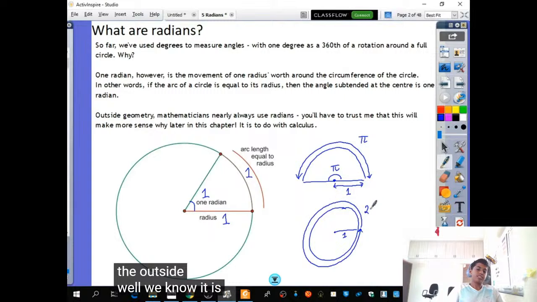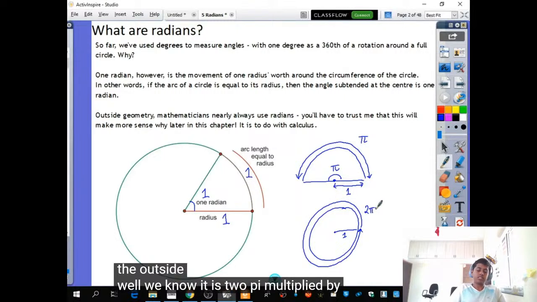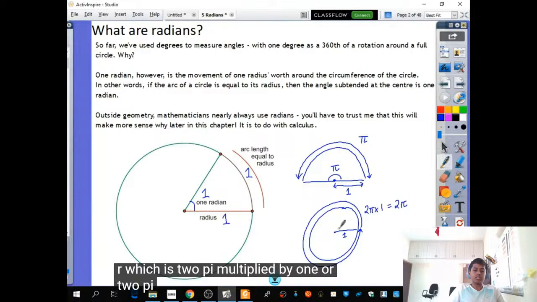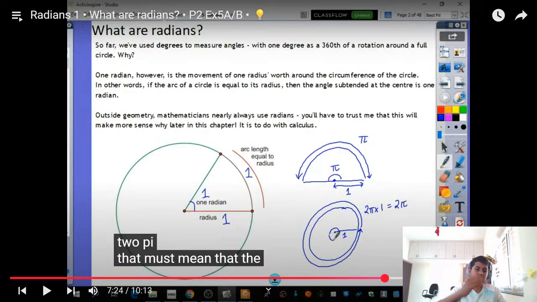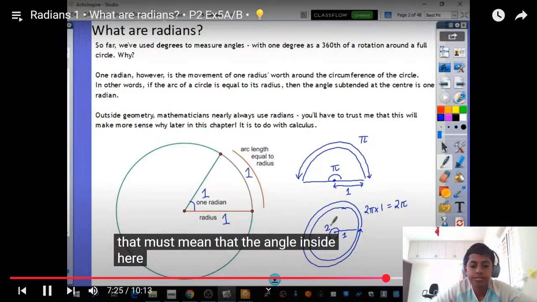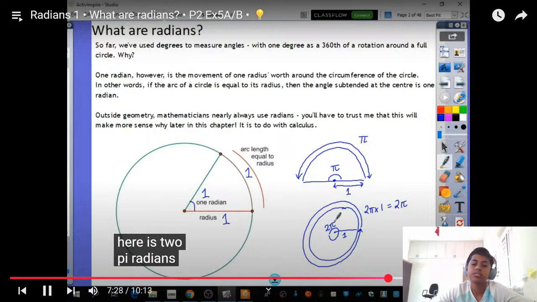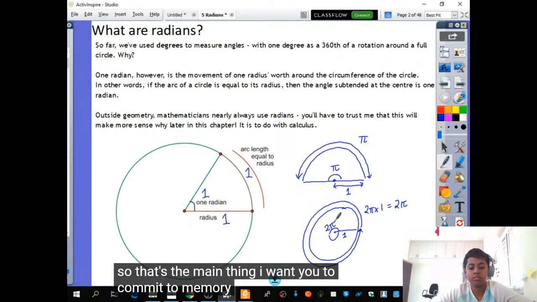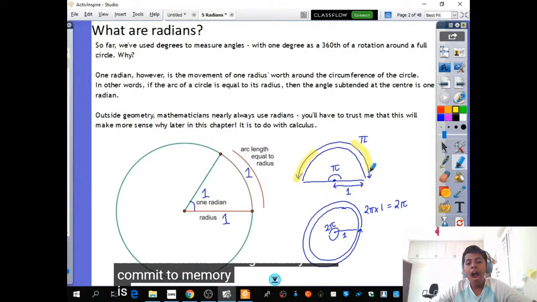Well, we know it is 2 pi multiplied by r, which is 2 pi multiplied by 1, or 2 pi. That must mean that the angle inside here is 2 pi radians.